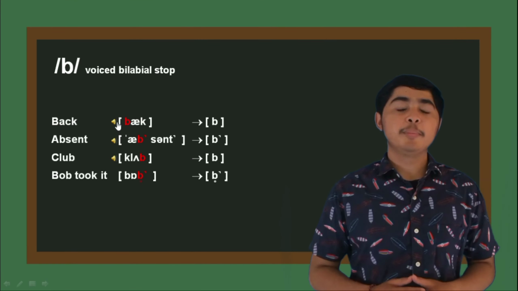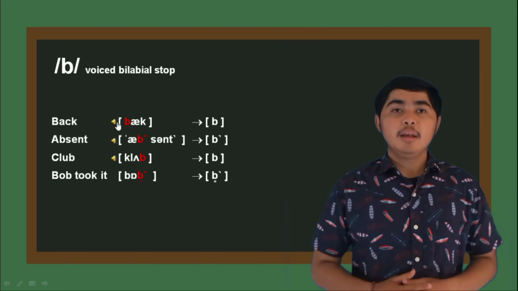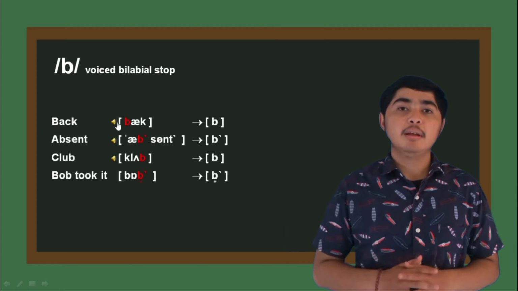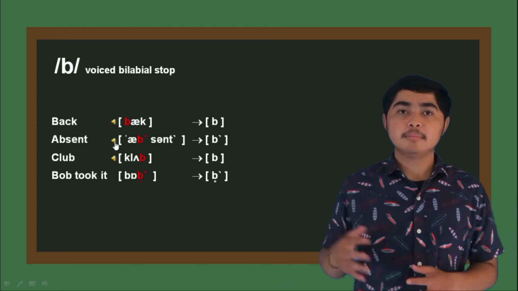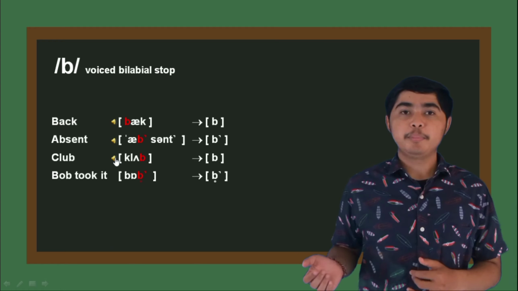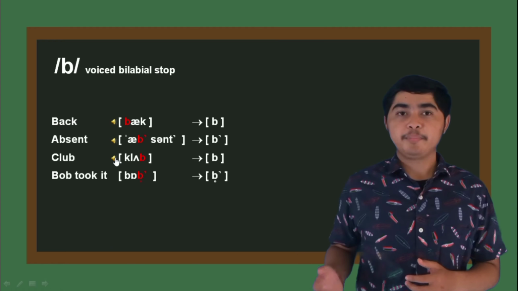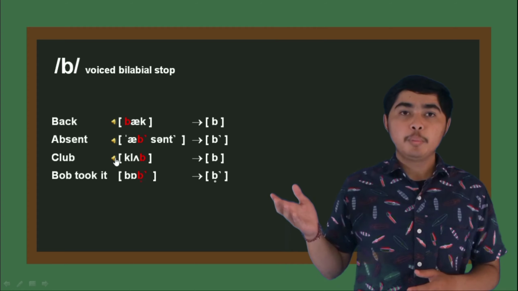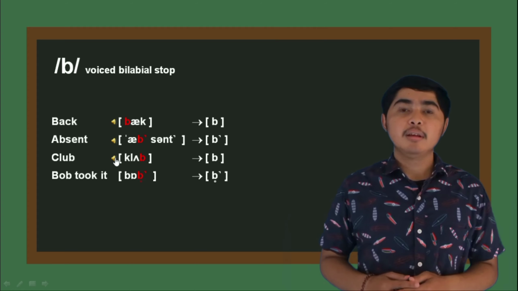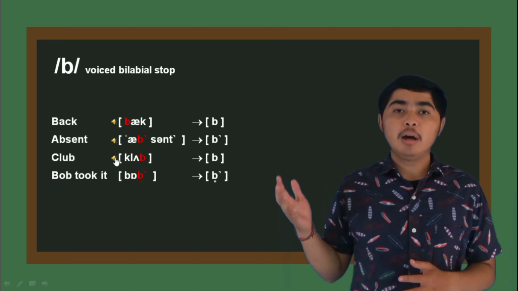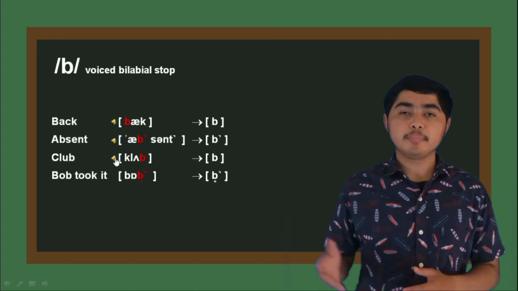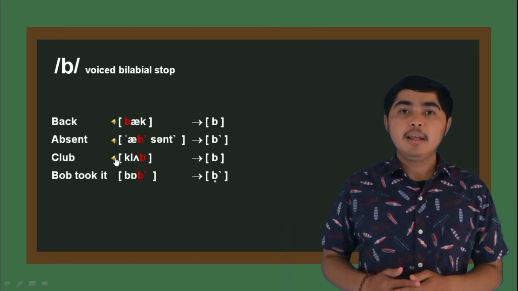Okay, let's start with the phoneme b. In this phoneme, I have provided the examples back, absent, club, and a bad toket. As you pay attention to the phonetic transcription, please pay attention to the realization, or the allophones, of b.